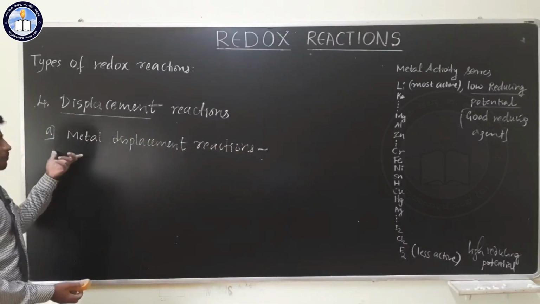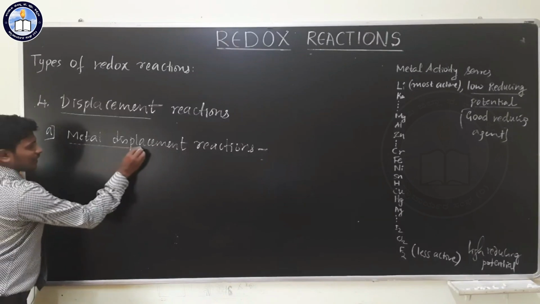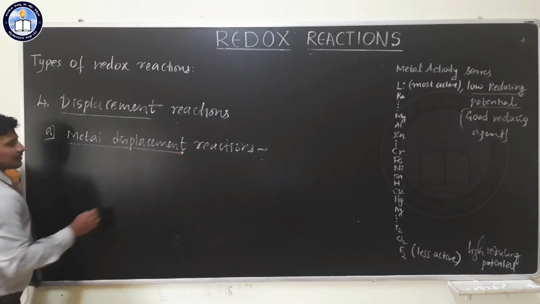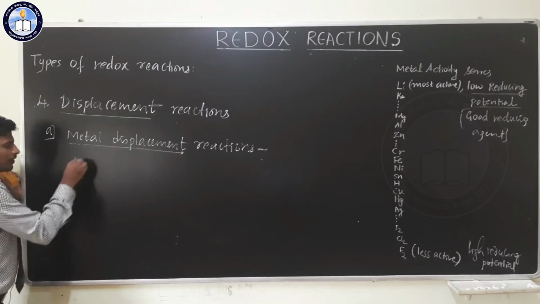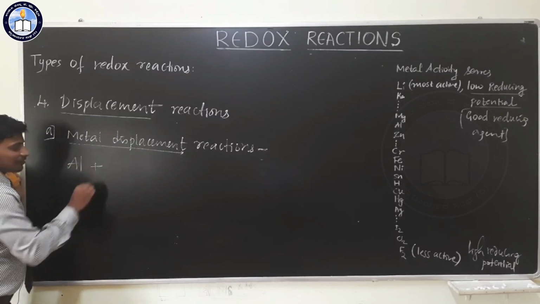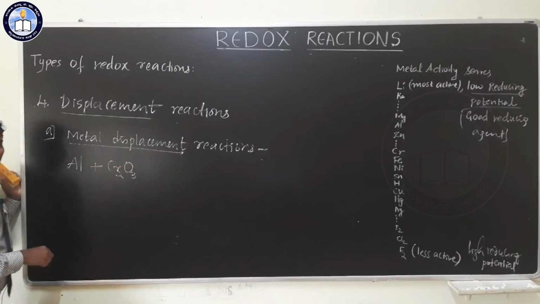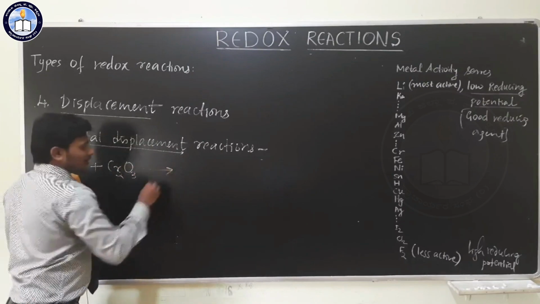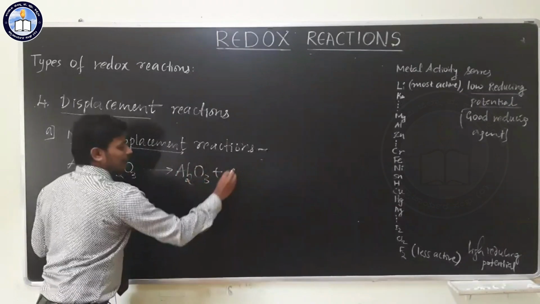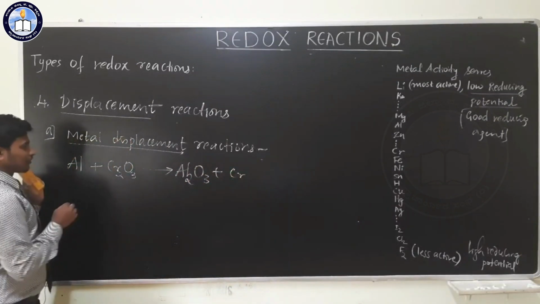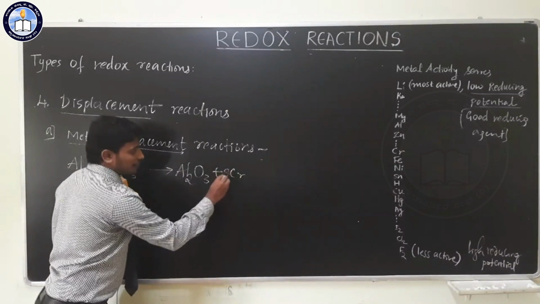First, I will explain this one. Metal displacement reaction means a metal is displaced. Example: aluminum reacts with chromium oxide, so we get Al2O3 plus Cr. See this carefully: Cr2 is there, but here only one Cr, so let me write 2 here.